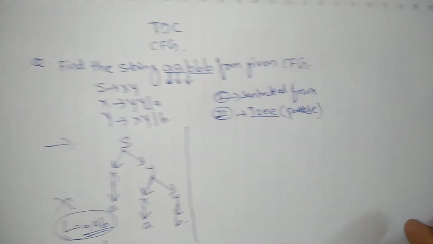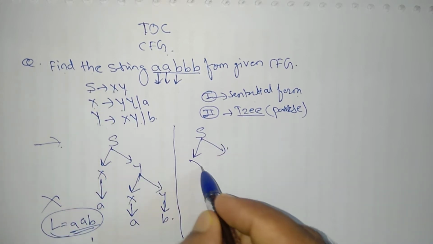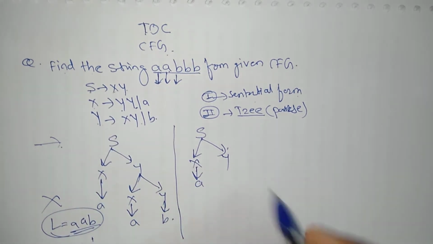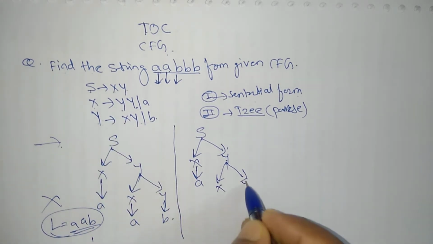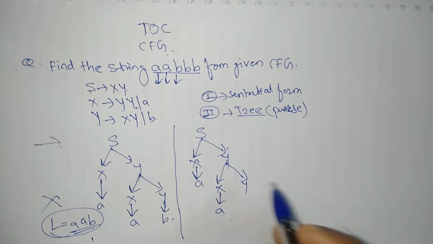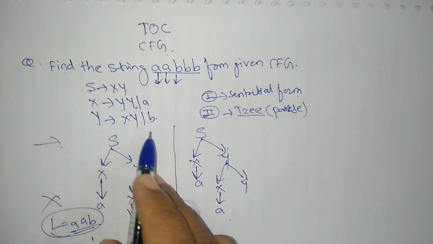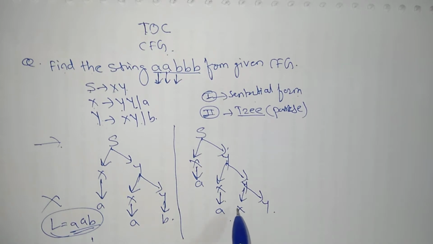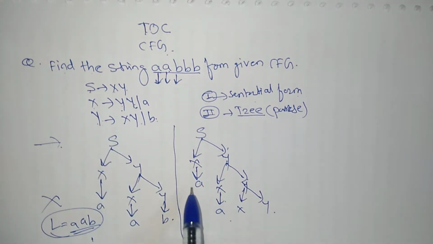So with the other format, we'll try to draw. X is going to produce X and Y. Y is going to produce A. With the Y, I can have Y produce X and Y. So this X is going to produce A. For this Y, I can again have X and Y. And for this X, X can produce 2 times Y and Y can produce B. See here, I have 2 A's.